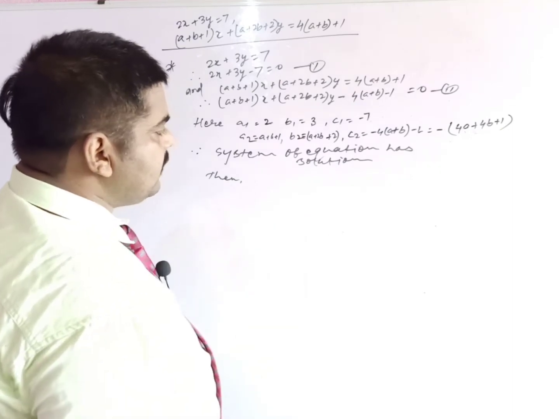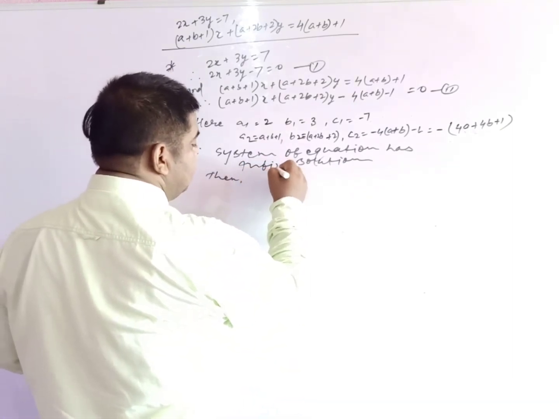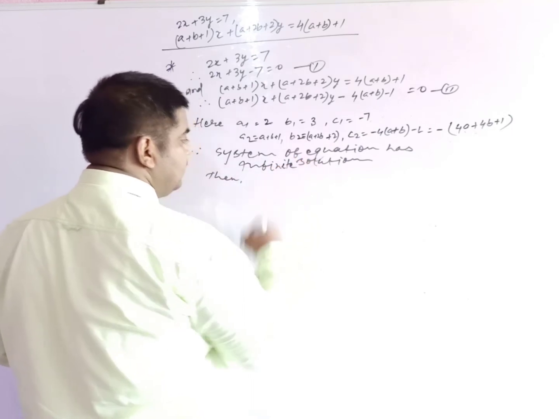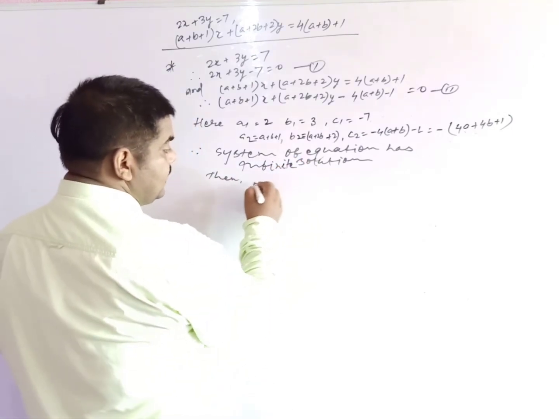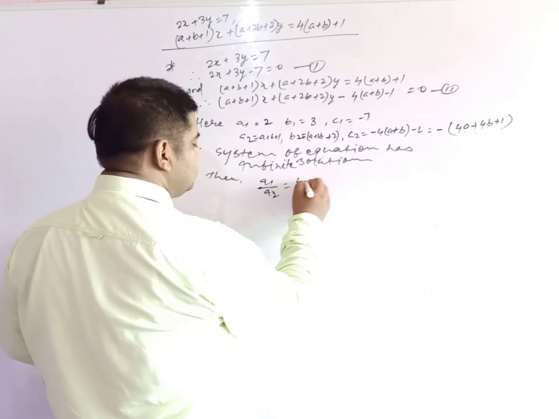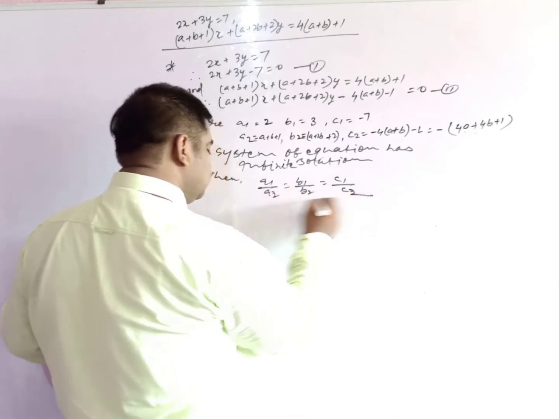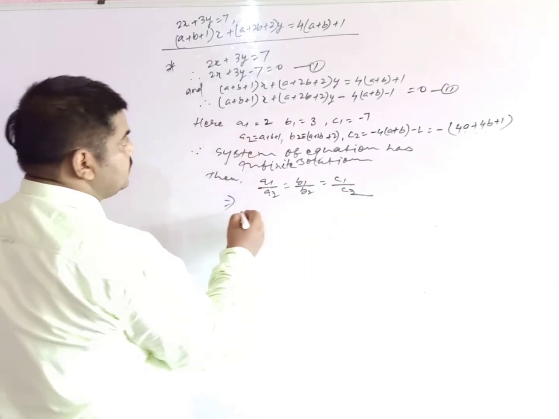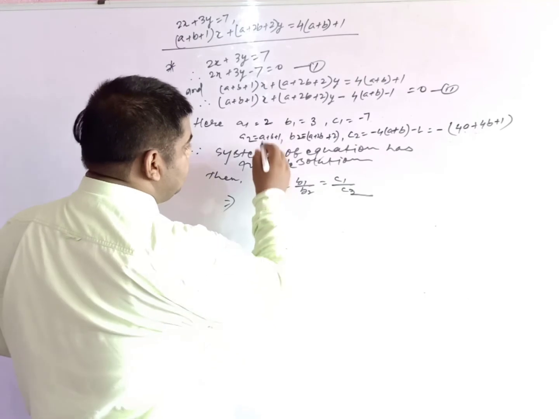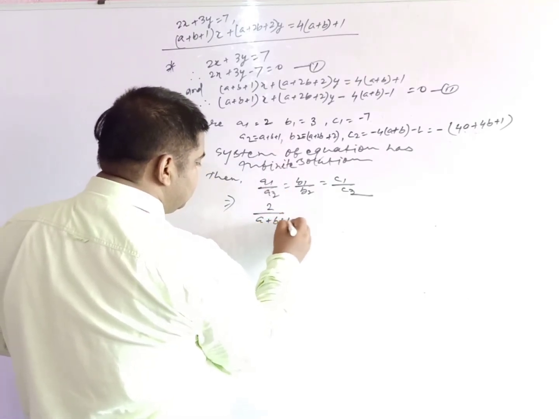And now the system of equations has infinite solutions. It has been given how many? Infinite number of solutions. And what is the condition for infinite? a1 upon a2 is equal to b1 upon b2 is equal to c1 upon c2. Putting all the values: 2 upon a plus b plus 1.